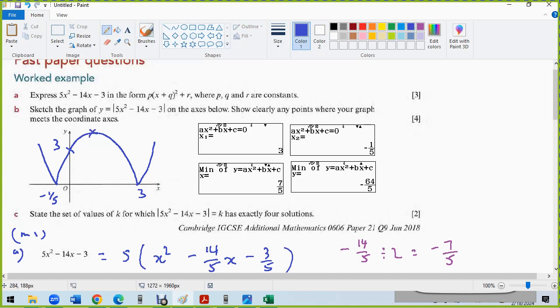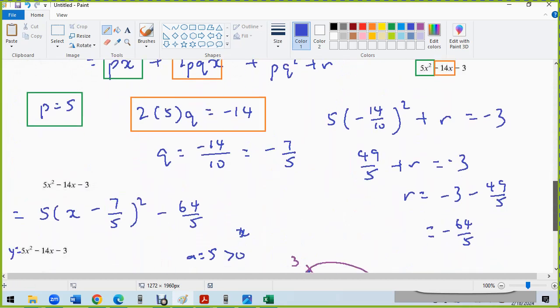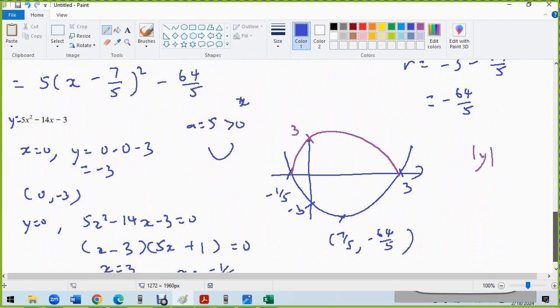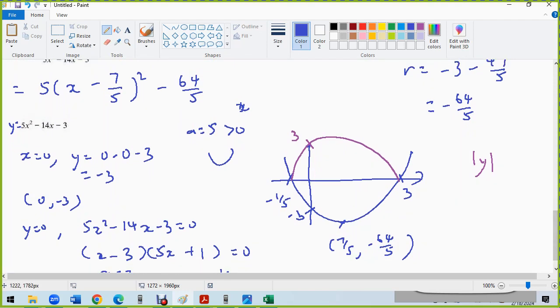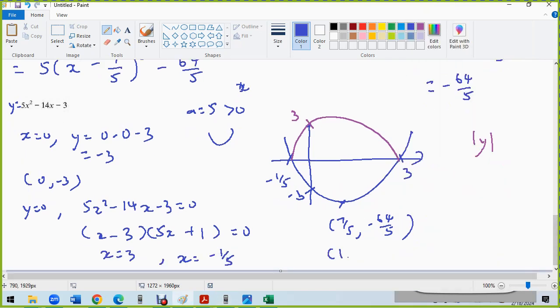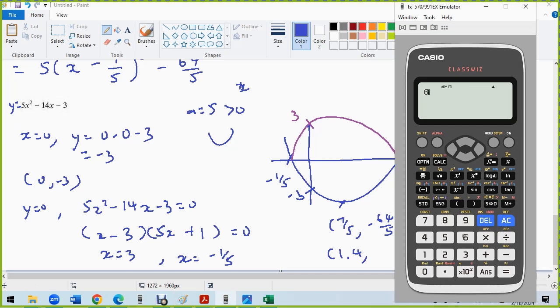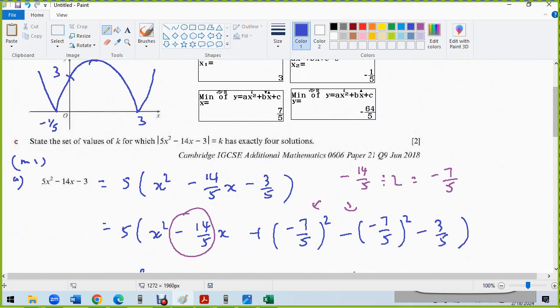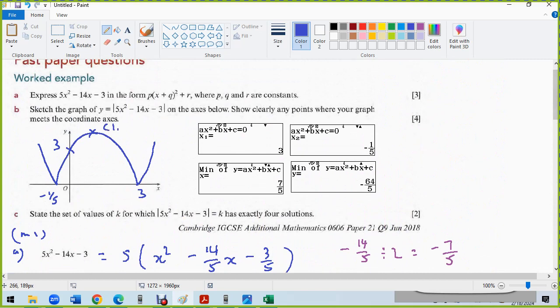Over here, the turning point is 7 over 5 and 64 over 5. 7 divided by 5 is 1.4, and 64 over 5 is 12.8. So the point is 1.4, 12.8.